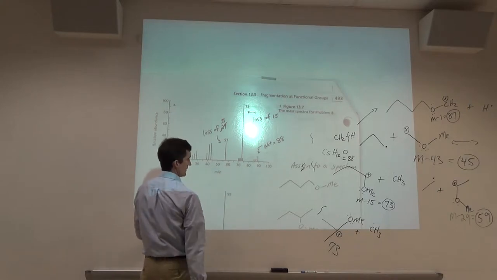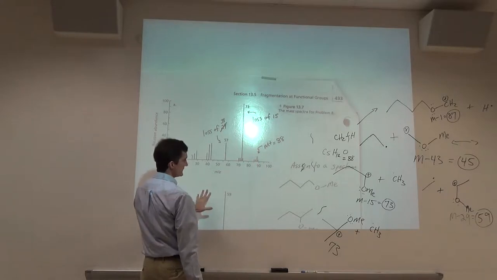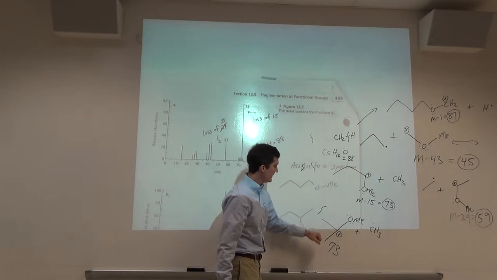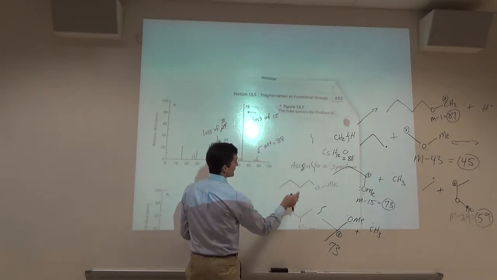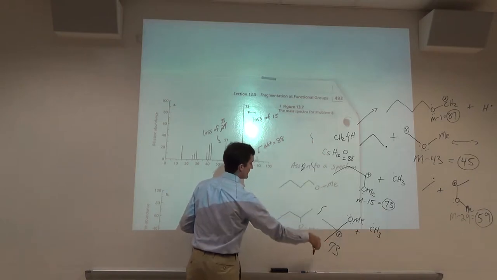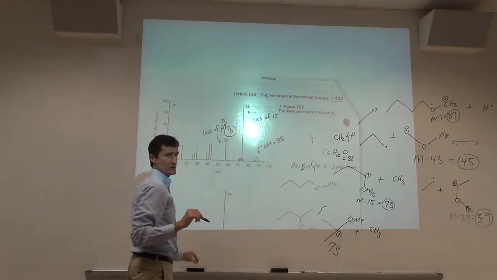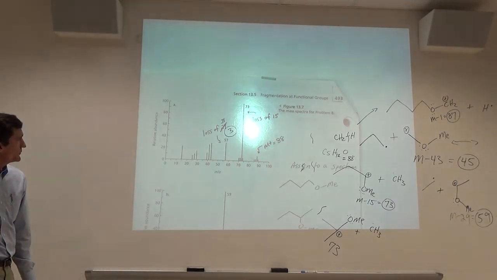No. Only 73, no 59, so that doesn't support that one. This is compound 1, 2, and 3. So is this compound 3? Let's tentatively say that's 3. Compound 3, the third one.